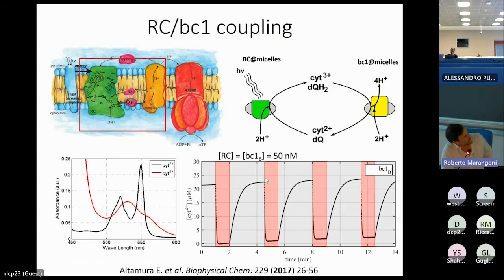These waves are due to the fact that during the red phase here, we switch on the light, and so the RC works and transforms the reduced form into the oxidized form. When the light is switched off, only bc1 works, and we restore the level of the reduced form of cytochrome.